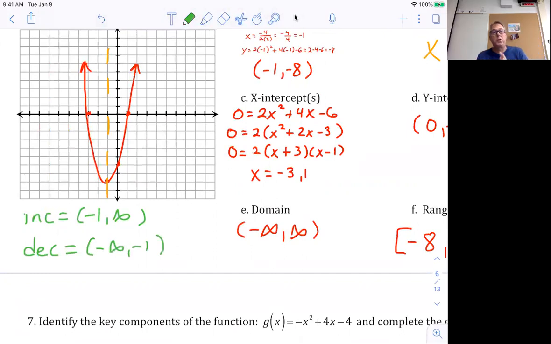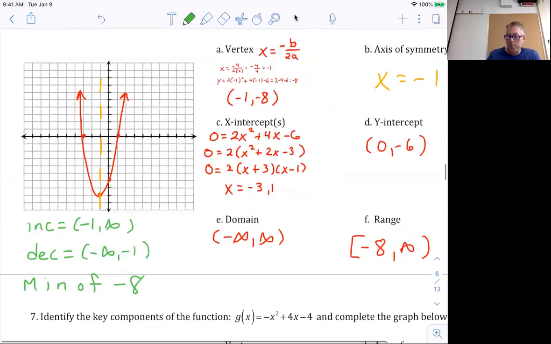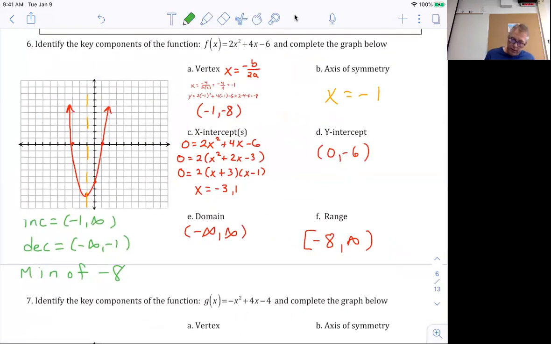You know, -1 is the turning point, which of course is the x value of the vertex. It has a minimum value of -8. It's a minimum because it opens upward. -8 because that's the bottom of the vertex. So notice how many times I'm referring back to the vertex. It's obviously a really important point, the turning point of the graph.